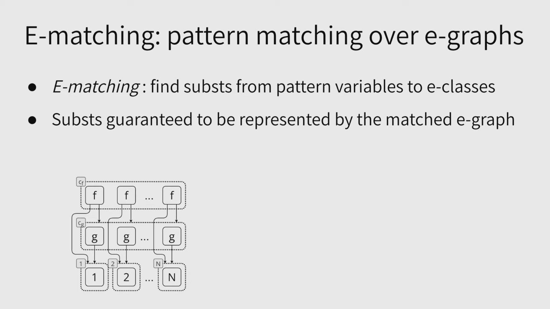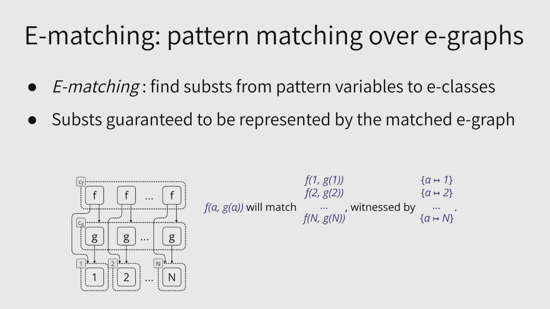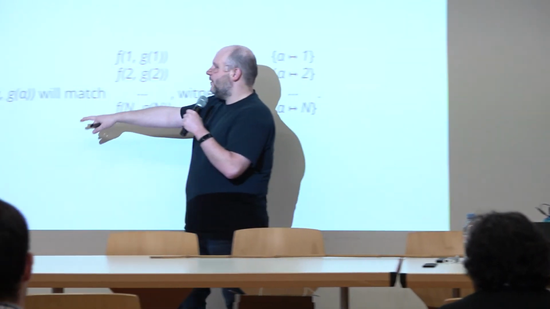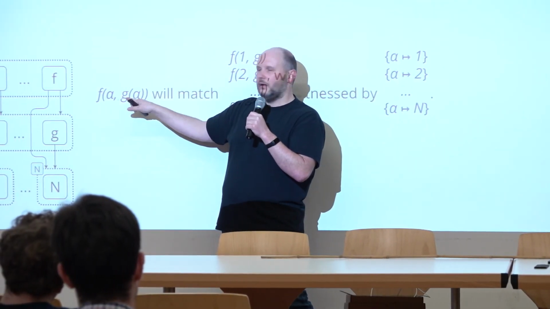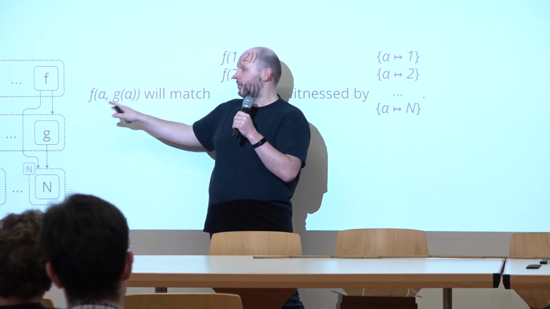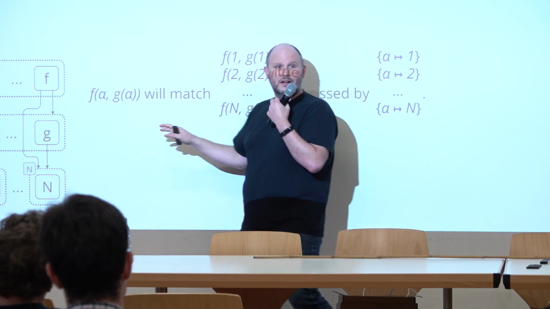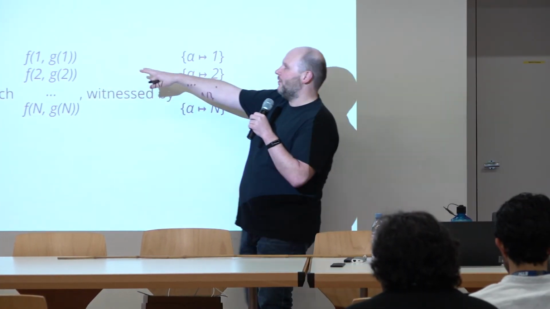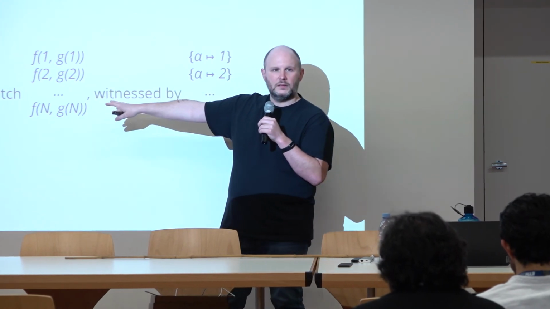When I'm doing e-matching, I'm taking a pattern and trying to find substitutions such that if I apply the substitution back to the pattern, I get a term that's represented in the eGraph. So if I wanted, for example, f applied to some variable and g applied to that same variable, I can get n matches, because I can find f of 1, g of 1, f of 2, g of 2, dot dot dot, f of n, g of n.